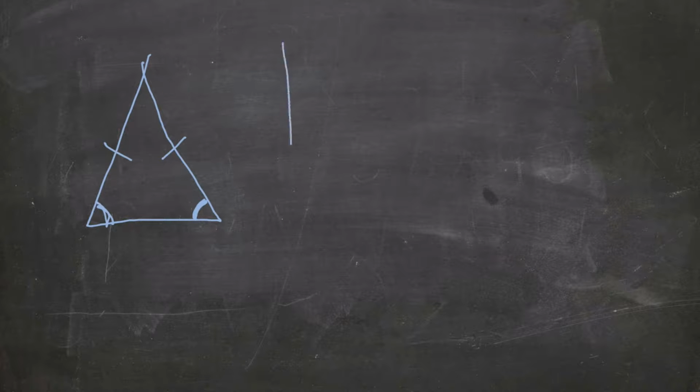So if you've got some triangle, let's suppose we don't know it's isosceles, but we know that two angles on this thing are congruent. Since the two angles are congruent, the sides across from them must be congruent as well. This also works for equilateral triangles, which is a special case of isosceles.